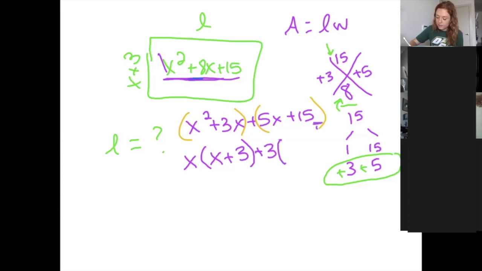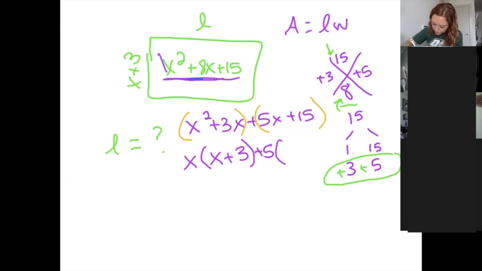We can't take out an x. 5 and 15. 5 goes into 15 3 times, but the GCF of 5 and 15 is 5. Yeah, 5.